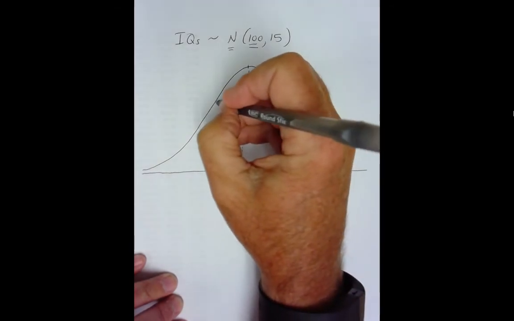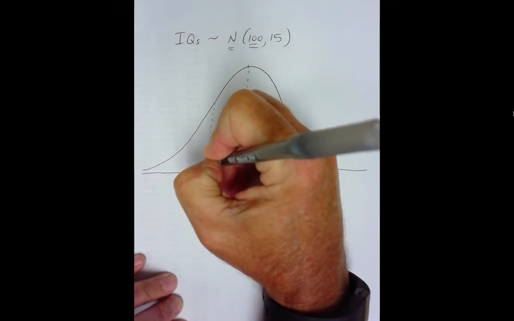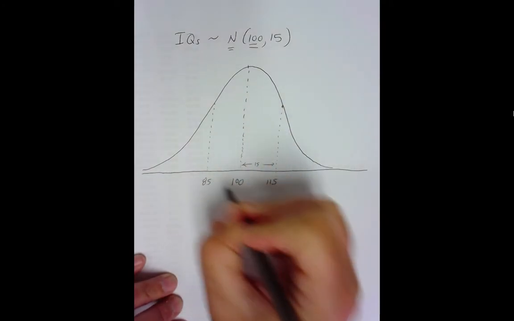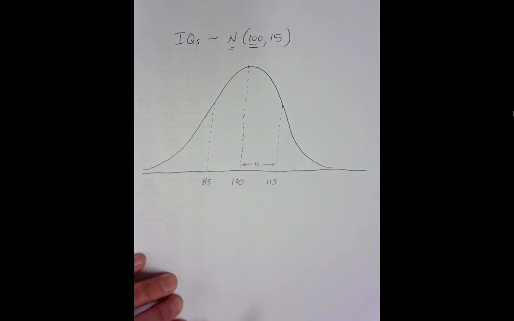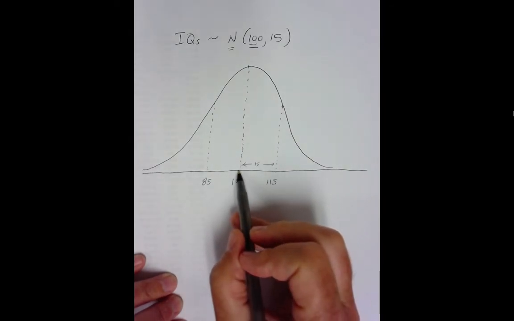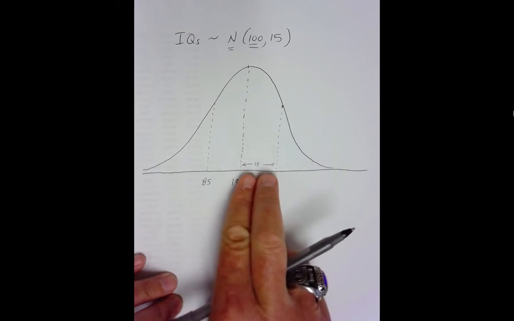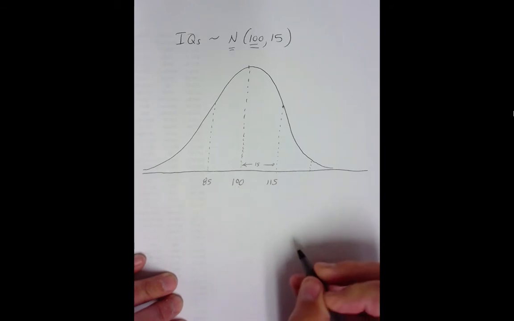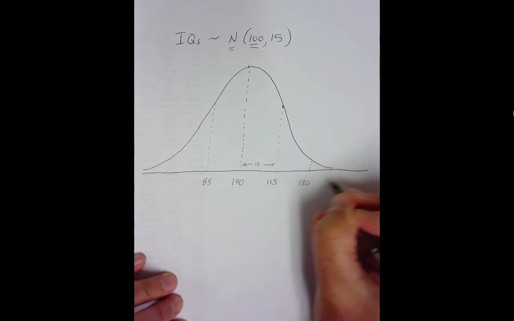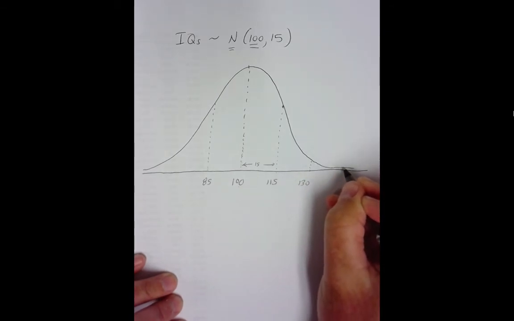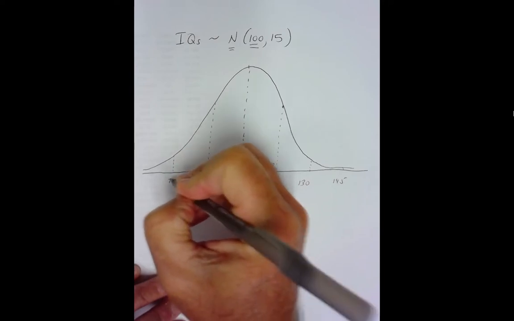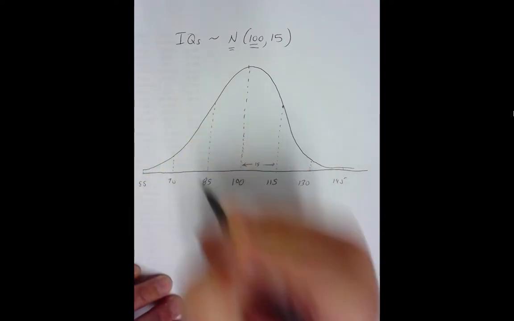Because of perfect symmetry, I know there has to be one standard deviation below the mean. So 100 minus 15 gives me 85. Now, once I establish that distance right there, I can go up here. That's going to be 2 standard deviations above the mean. I can go that much more. That's 3 standard deviations above the mean. And I can do the same thing down here.